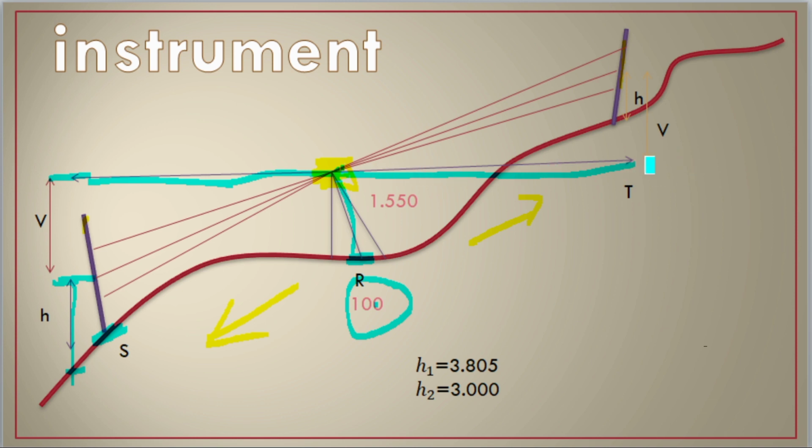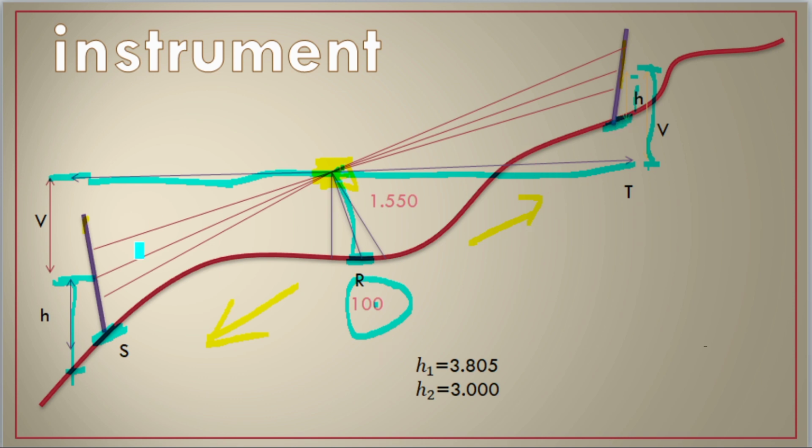Then our distance V, that is the distance from the line of collimation or the line of sight to where our mid reading was taken, then our mid reading, that is H, until we have the bottom of the staff.